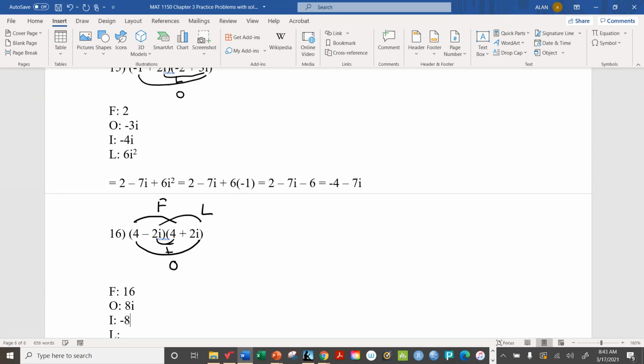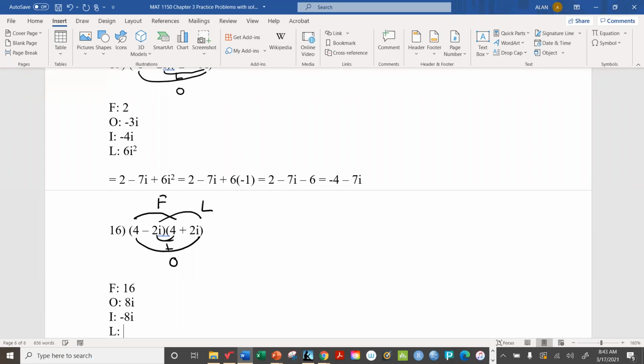See, those two will cancel out, and L will be minus 4i squared.